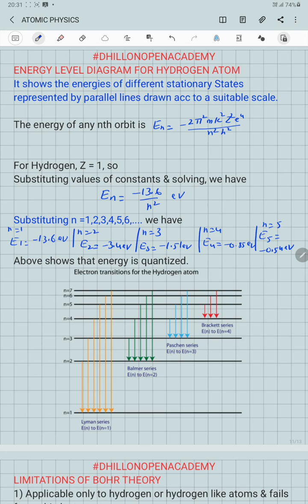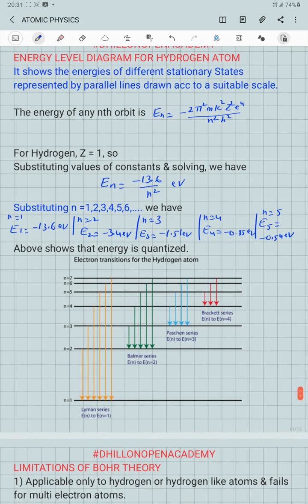So when we move from first to the second orbit, the energy jumps from minus 13.6 to immediately minus 3.4 electron volt. That means the values in between minus 13.6 and minus 3.4 are not physically possible. This means that energy of electron around the nucleus is also quantized.